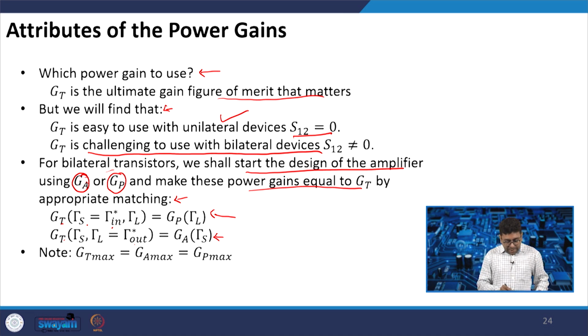Another thing to note is that GT max or GA max is equal to GP max. This is always true: if you have any maximum gain, whether you consider GT, GA or GP, all are equal.